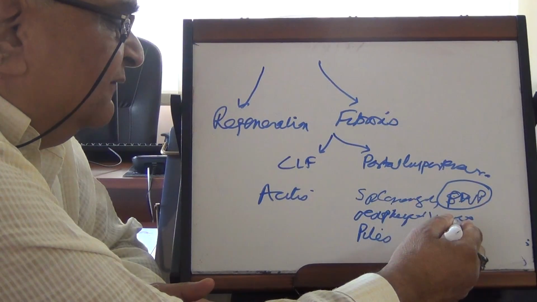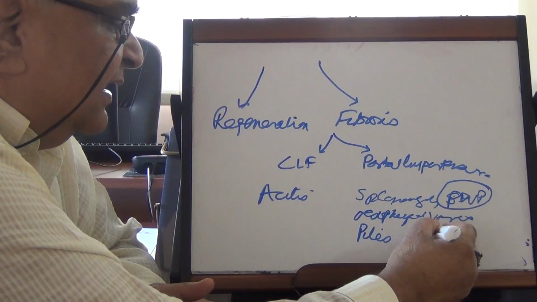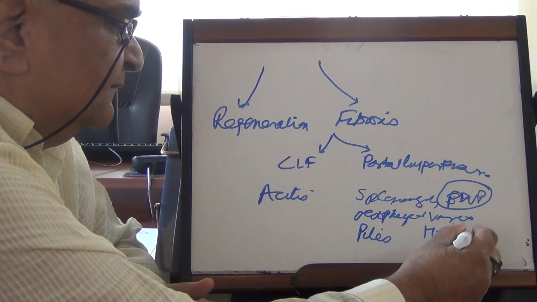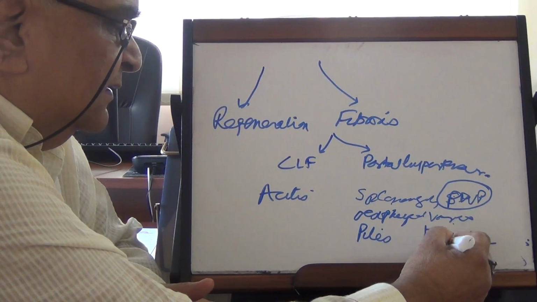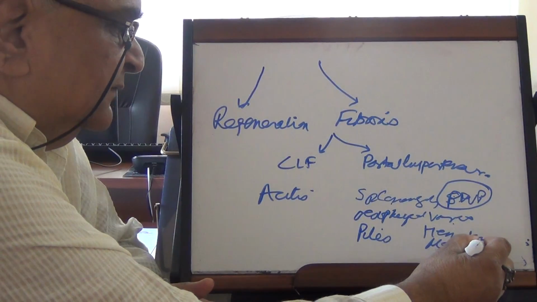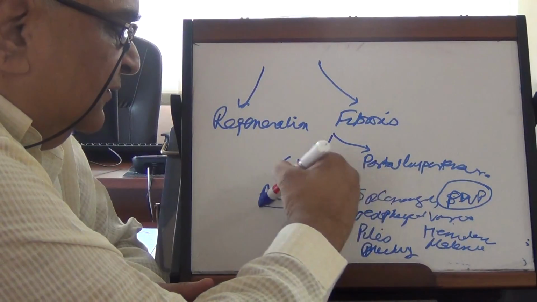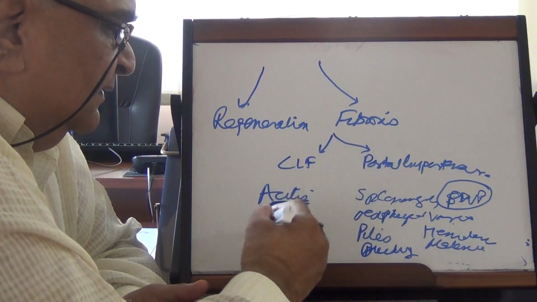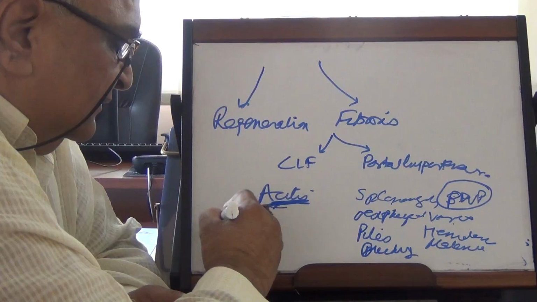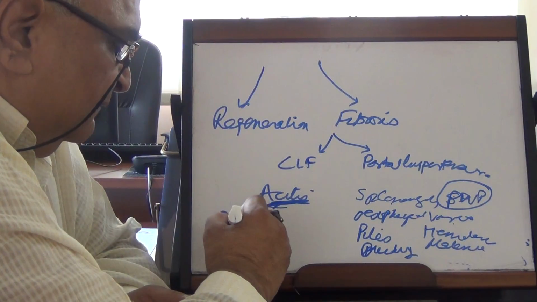For esophageal varices, you can have hematemesis and melena, and you can have bleeding piles. And of course, you should look for ascites, and because of protein deficiency, you can have pedal edema.